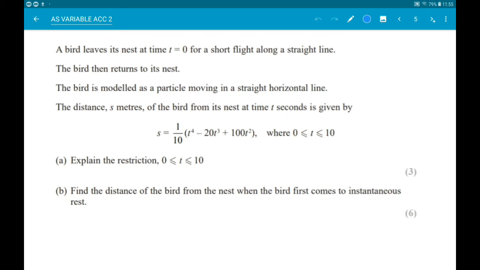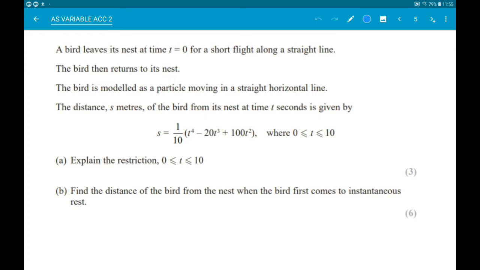The distance s meters of the bird from its nest at time t seconds is given by s is 1/10 t to the power 4 minus 20 t cubed add 100 t squared for t greater than or equal to 0, less than or equal to 10.